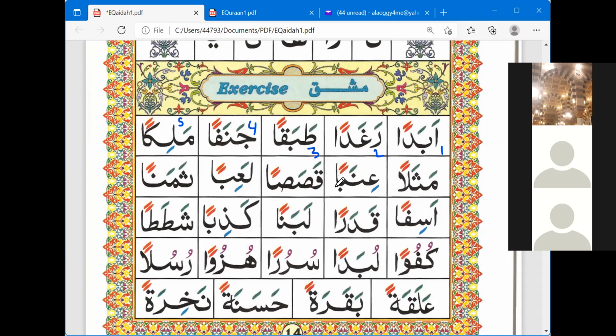So the rule says we should stick to one fataha. So it's going to be inaban. But I said let's stick to fatihatenin because we are doing fatihatenin as a topic. Later on, I'm going to say inaba if we are stopping at the end of an ayah. Does that make sense? Yes, sir.